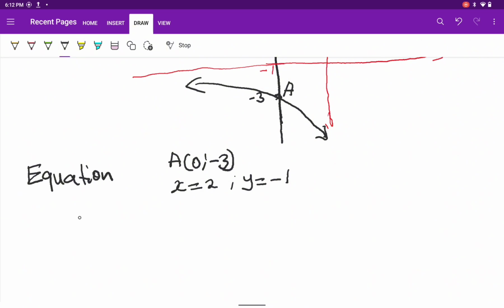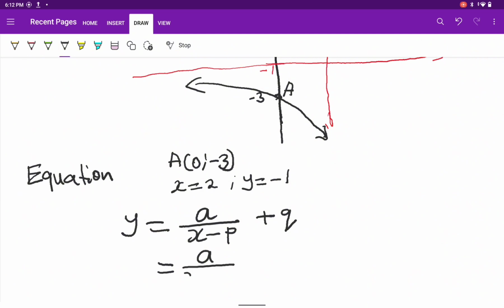So we will say the equation, we start with the form y equals a over x minus p, plus q. All right, so let's start by substituting the p and the q. The p is 2 and the q is -1.